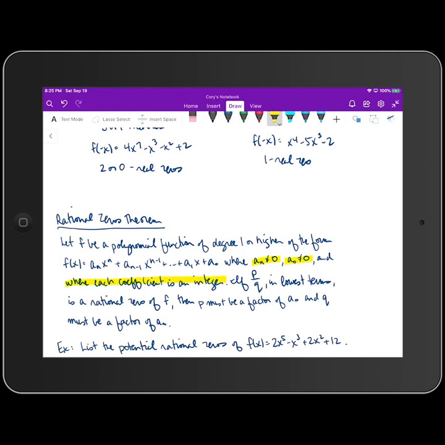Okay, so the rational zeros theorem states that if P over Q in lowest terms is a rational zero of f, then P must be a factor of a sub 0. So P has to be a factor of the constant term a sub 0, and Q must be a factor of the leading coefficient a sub n.